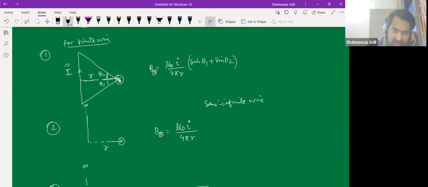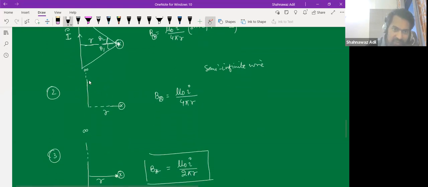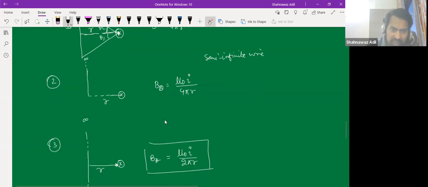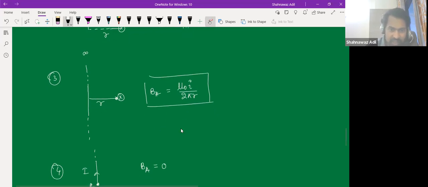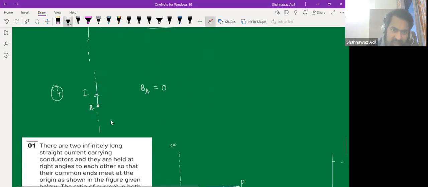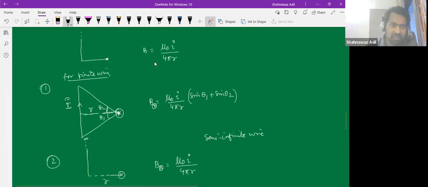We want to calculate the magnetic field at this point, and that is given by this. We can also have a semi-infinite wire. For a semi-infinite wire, this is the magnetic field, and for an infinite wire, this is the magnetic field. And if we calculate the magnetic field along the line of the wire, this would be zero.